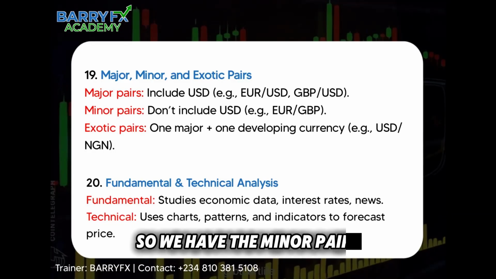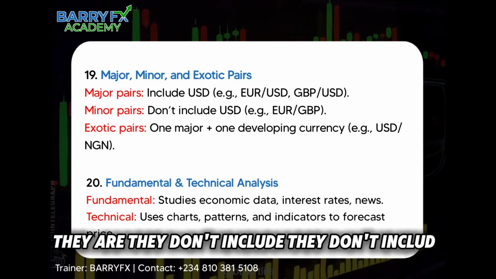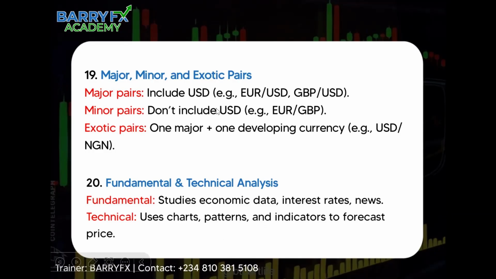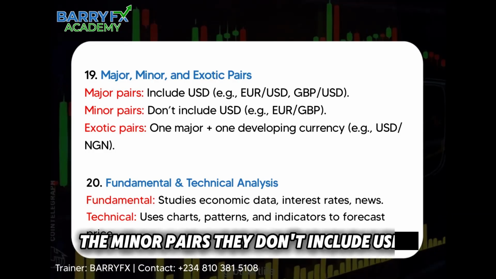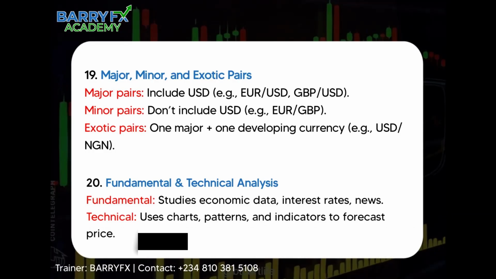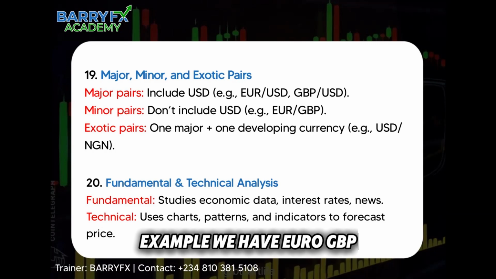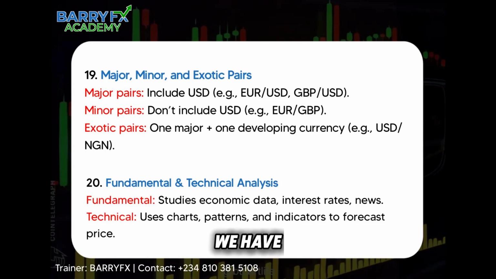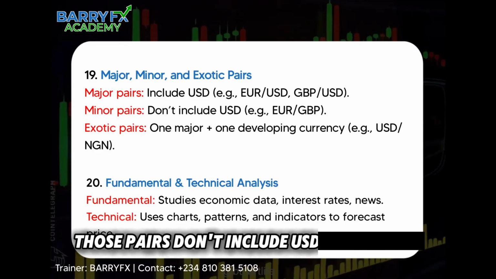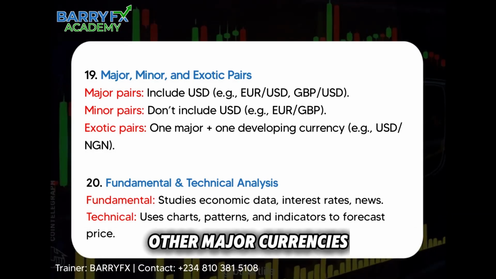So we have the minor pairs. They don't include USD. Examples are EUR/GBP, EUR/JPY, GBP/JPY, and AUD/NZD. Those pairs don't include the US dollar but involve other major currencies.